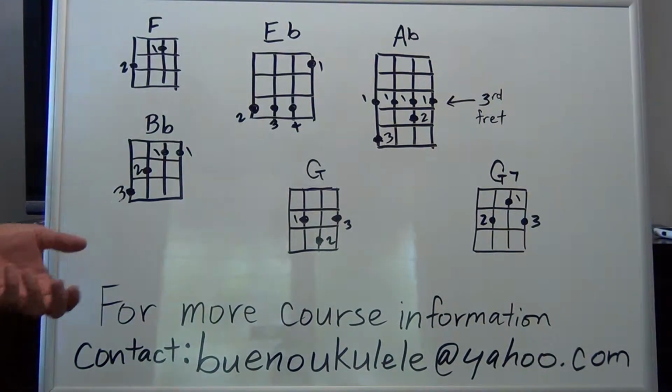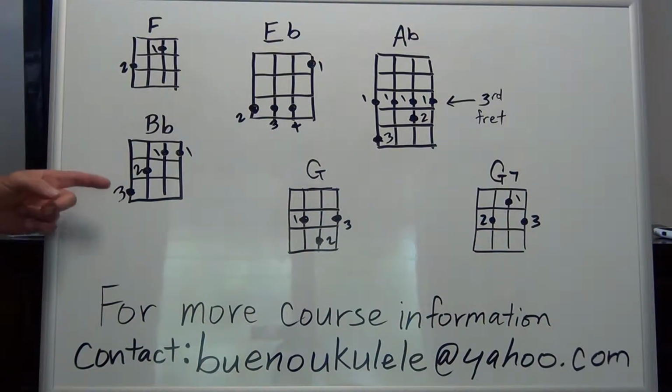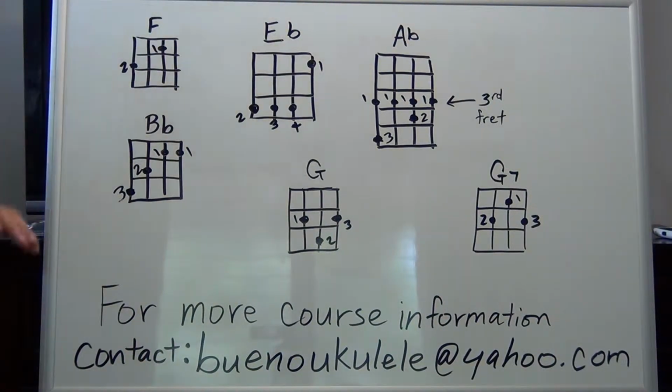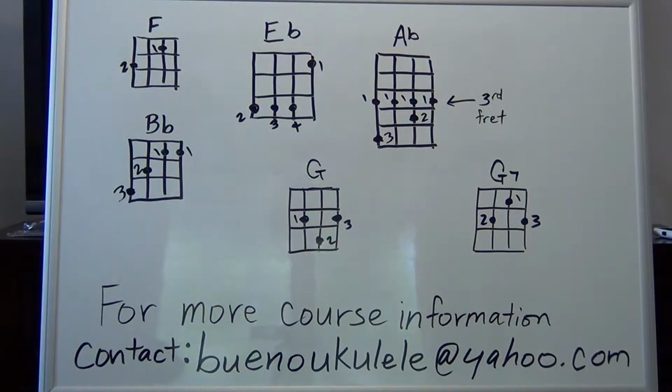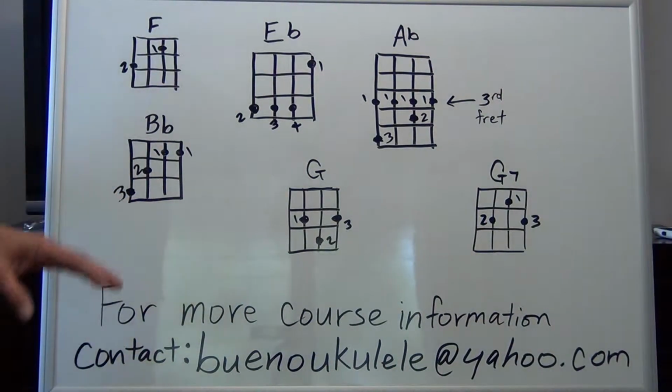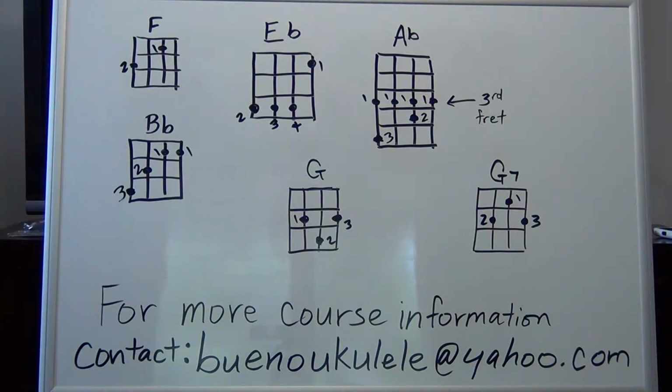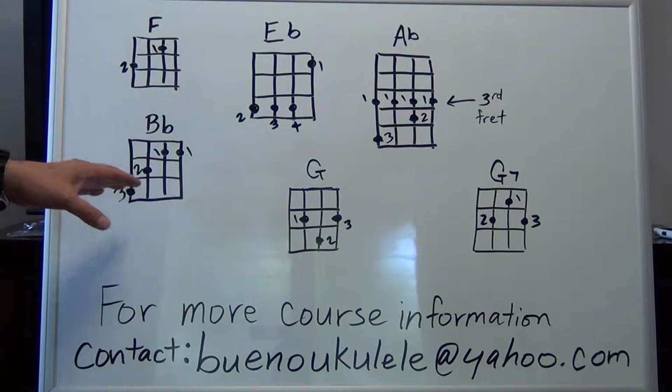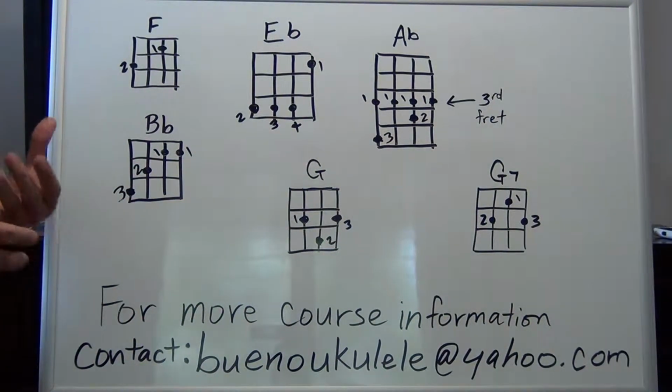In other words, if you're having difficulty making the B flat chord, you need to go back to the tutorial that's early on in this course, learn how to make it, learn the technique so you can learn the chord faster. Practice that, get it under your belt, and maybe come back to this section.